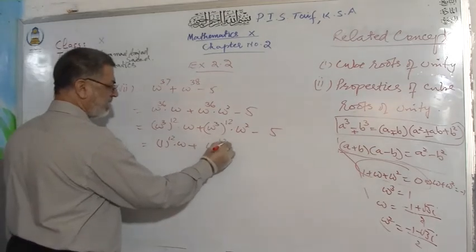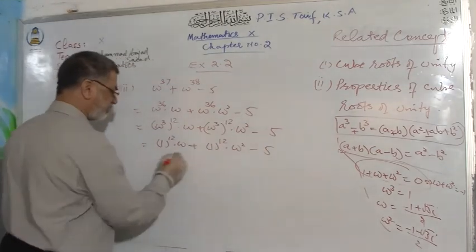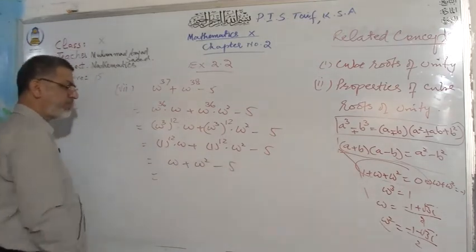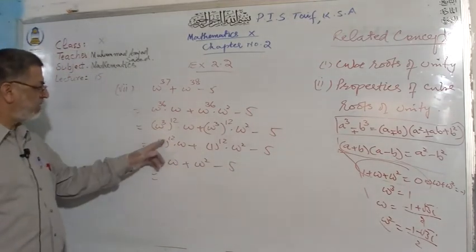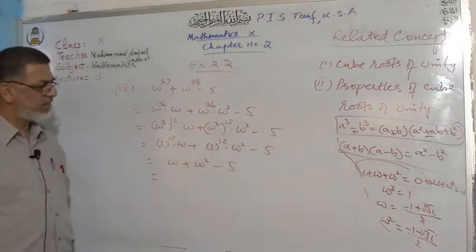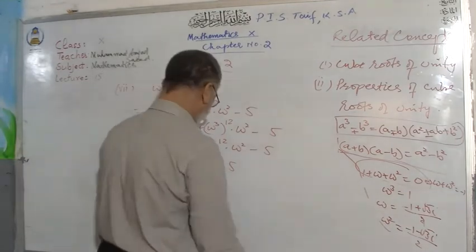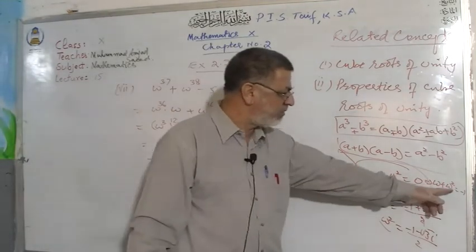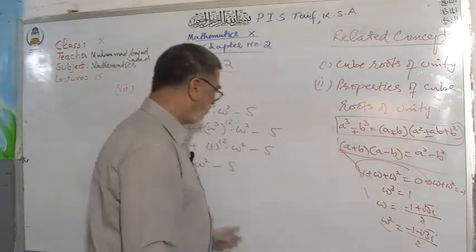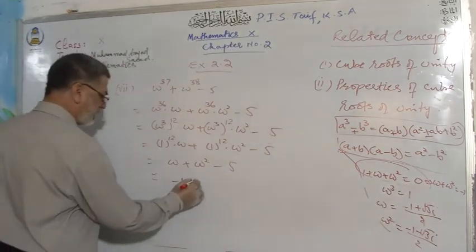Similarly, here is omega plus omega square minus 5, because 1 power 12 is 1, so omega plus omega square. Again check that. What about omega plus omega square value? That was minus 1.